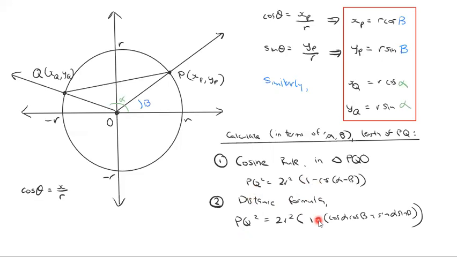What's the conclusion you can draw? So we've got the 2r squared. We've got the bracket. We've got 1 minus. So what can you tell me about this and this? So it's equal. Exactly.